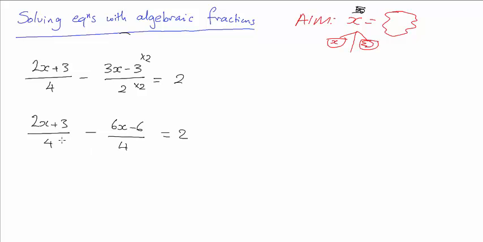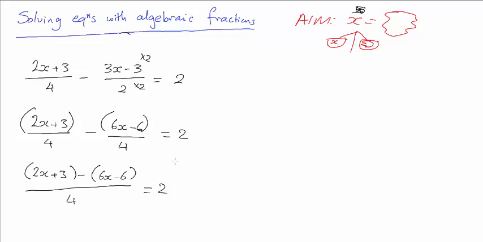Do you remember when we take away, we're taking away all of this minus all of this when we join these together. So you've got to be careful here. So it's 2x plus 3 minus 6x minus 6. Remember, this is all rewrite straight still.